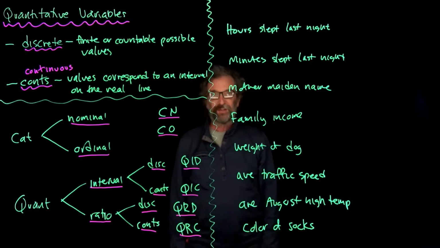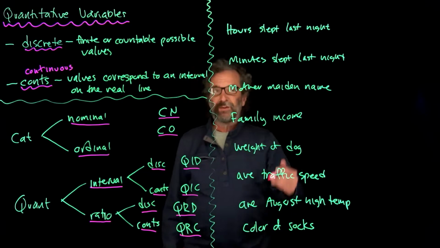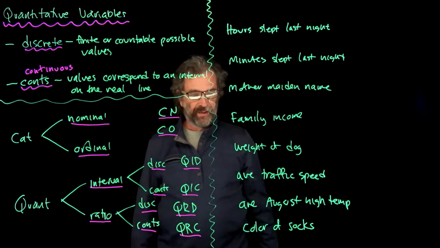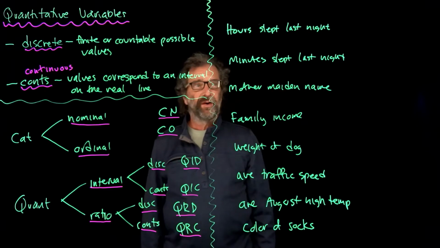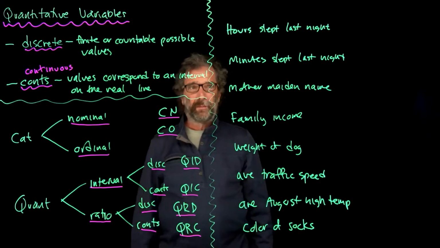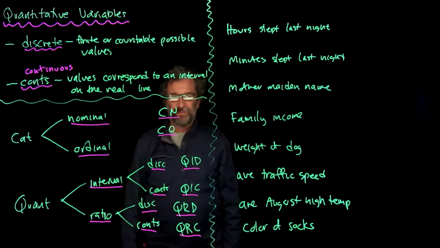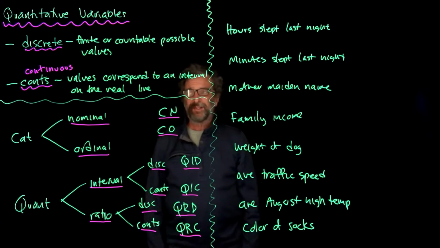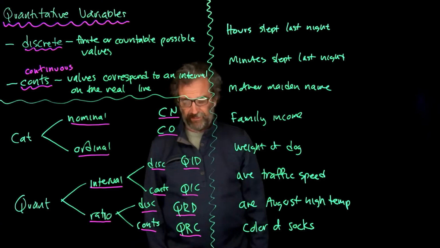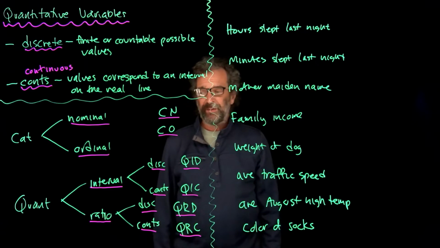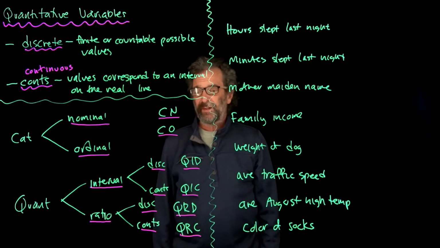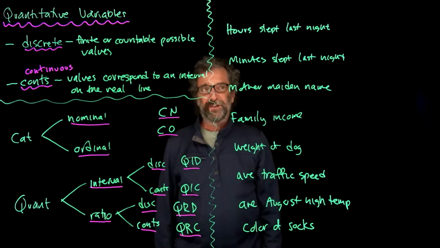And now my challenge is to identify with these types of things you might measure which ones they are. Sometimes you have a little bit of flexibility. Here's hours slept last night. If you measured it accurately, it would be a continuous variable. But ordinarily you would say I slept 8 hours. So we'll call it discrete.